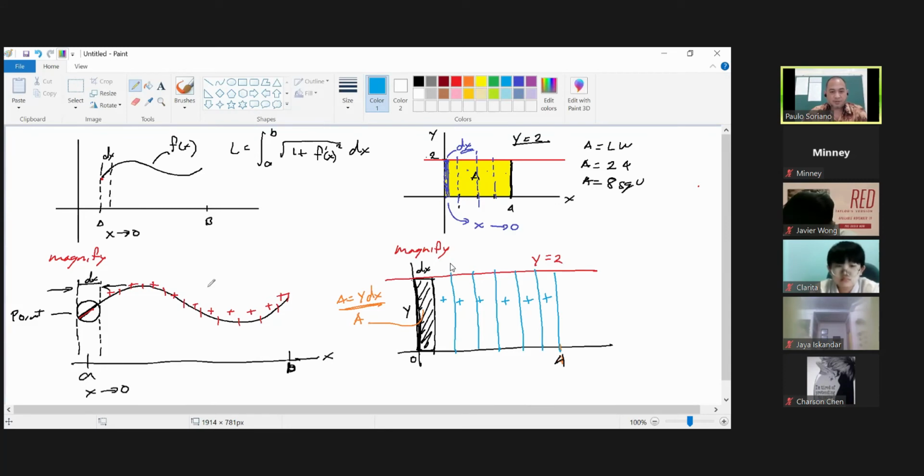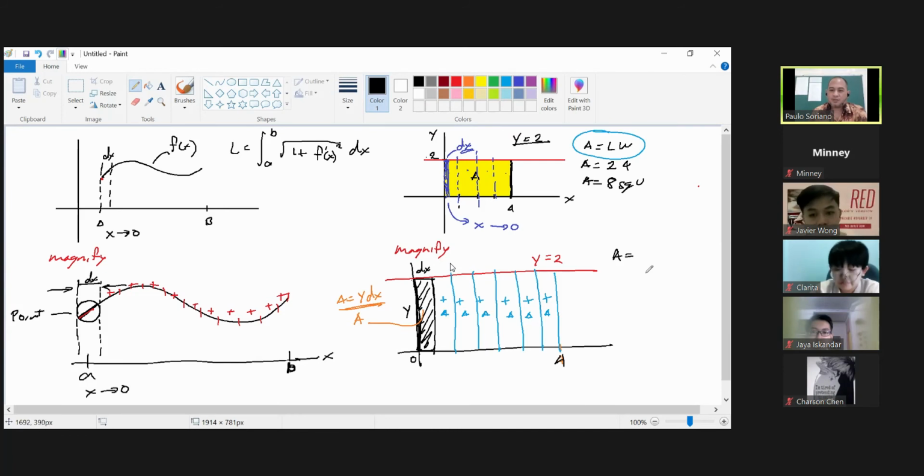Just like what we did with the line. But this time we are not adding distance. What we are adding is area. Area plus area plus area plus area plus area. Correct? Yes.